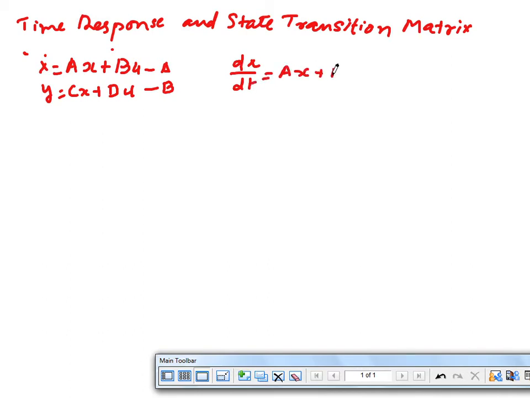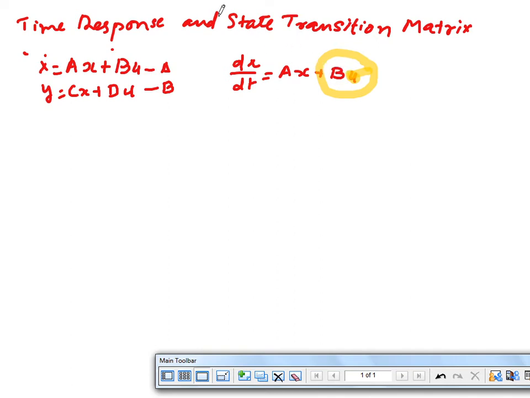A x plus B u. Right now I'm talking about the unforced system. Unforced system means your input is 0. That means this u part is 0, so it is going to be multiplied by this and this will become 0.